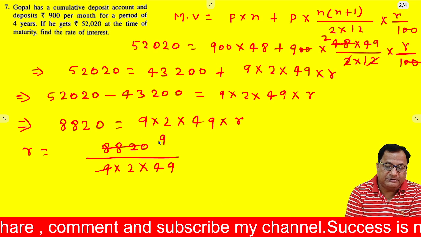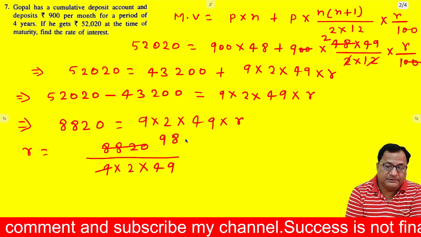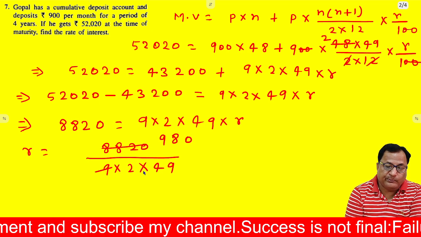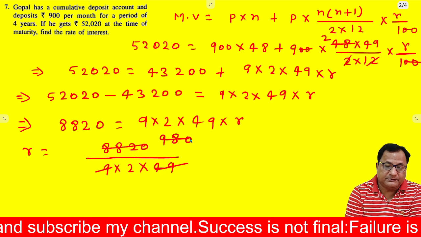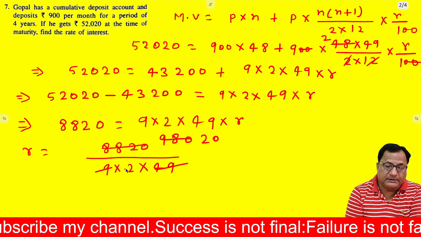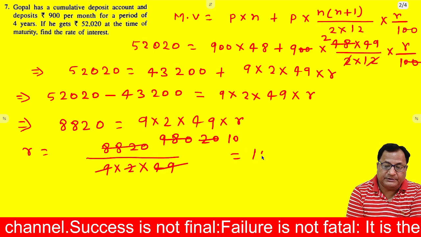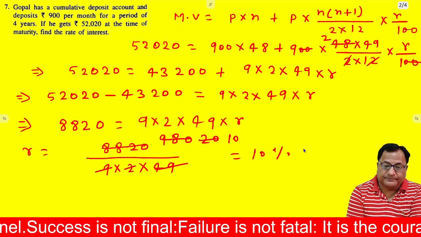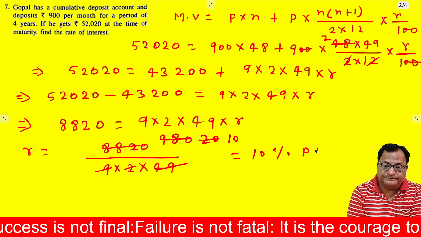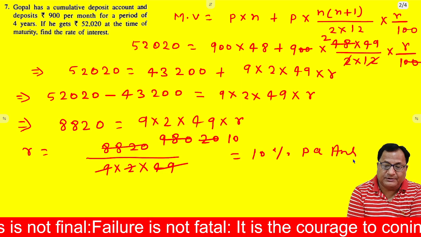Nine 81. This is 20 and 2 10. So this should be 10% per annum. This is the answer.